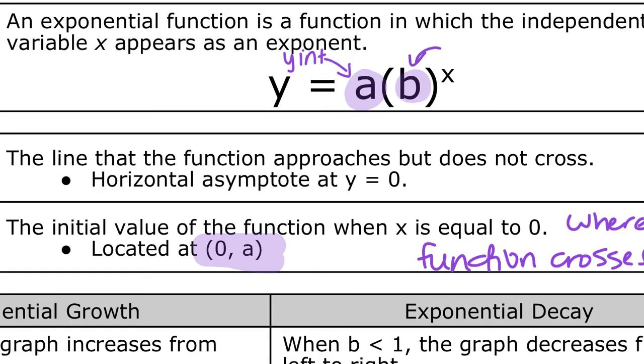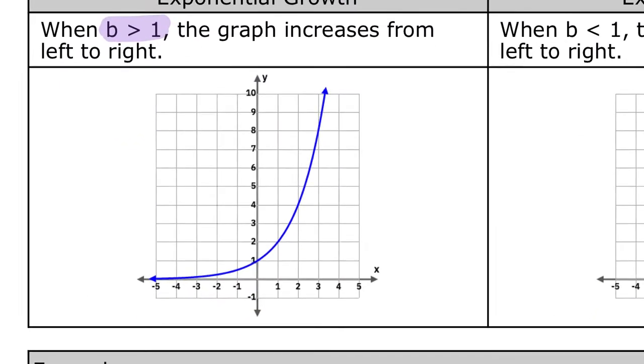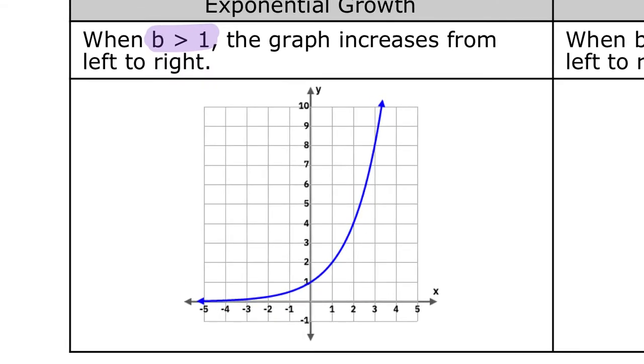We call that the growth or decay factor. So whatever number is inside the parentheses, the one that has the exponent determines whether it's growth or decay. And when it is bigger than 1, so 2, 3, 4, 5, you name it, the graph is going to increase from left to right, as you can see in this picture here.